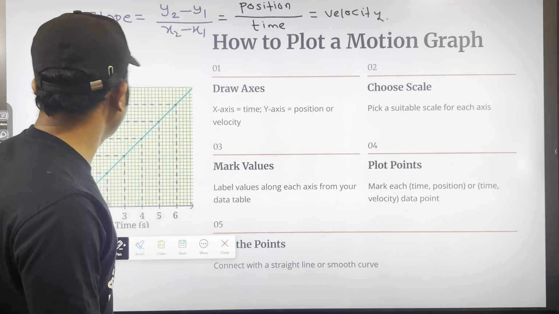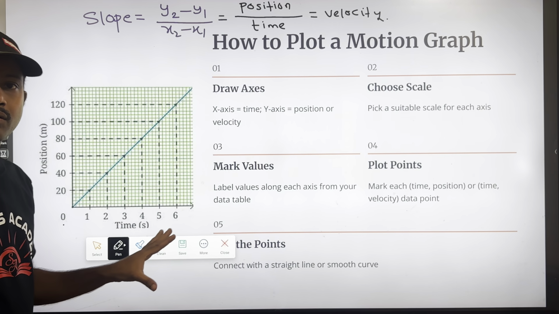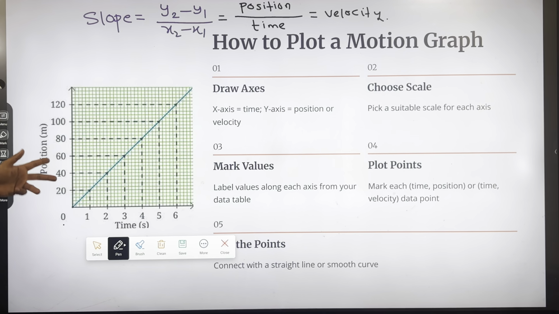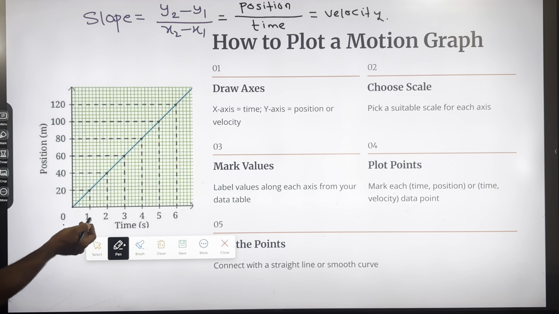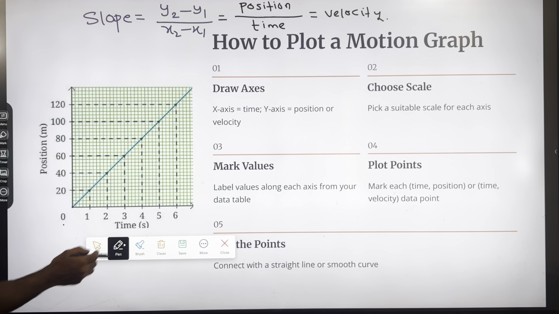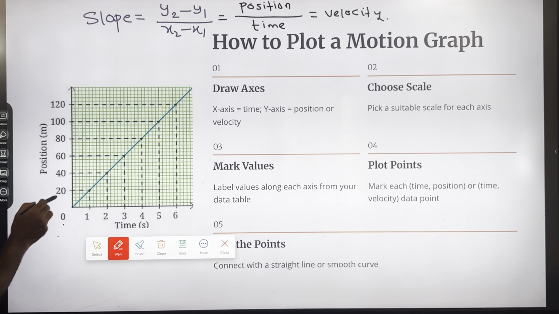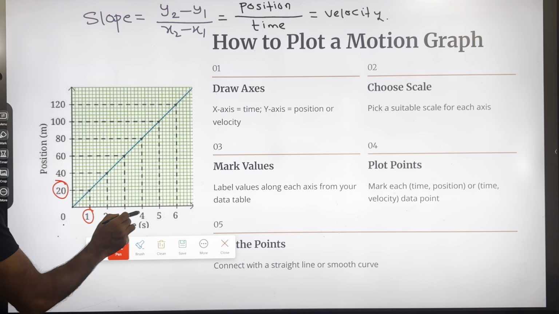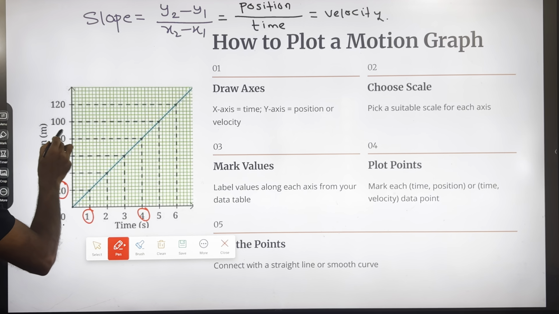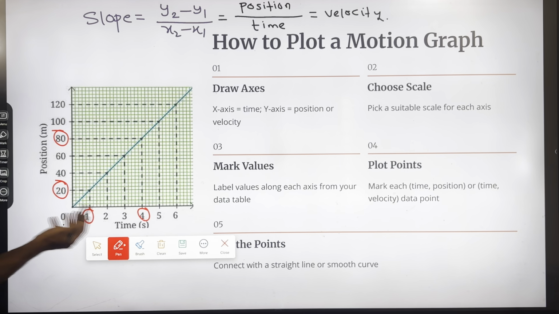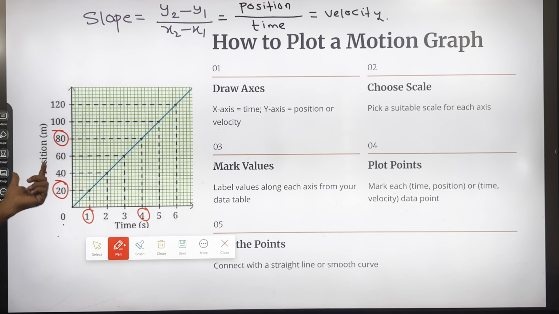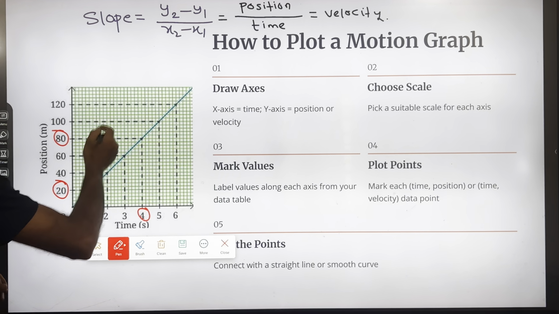From this we can also calculate the velocity. For example, take any two values. Suppose I take position 1 and position 2, with time 1 and time 2. At 1 second, the object is at 20 meters. At 4 seconds, the object is at 80 meters.